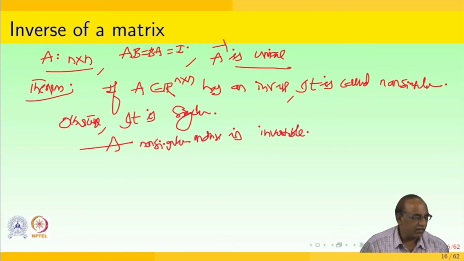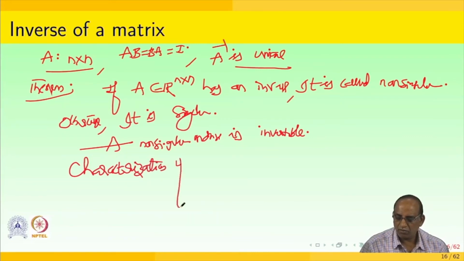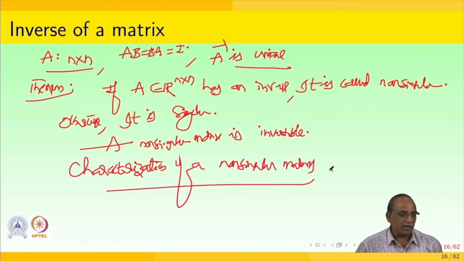What is the characterization of a non-singular matrix?